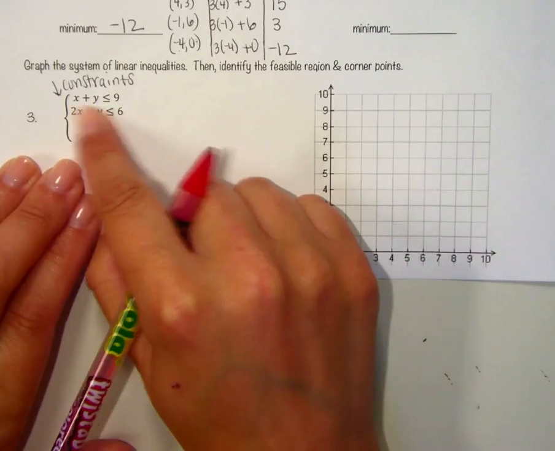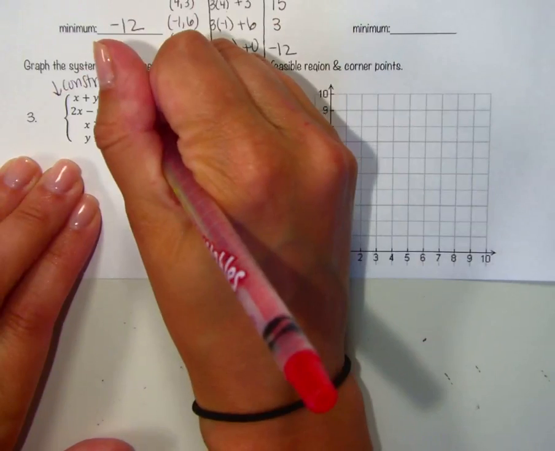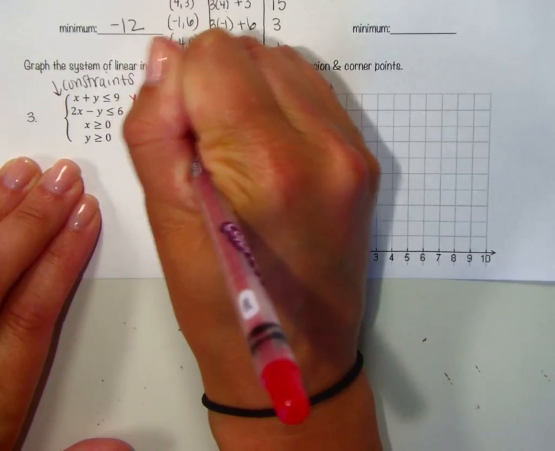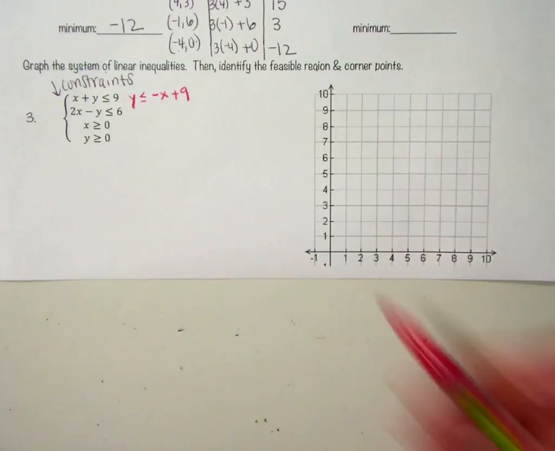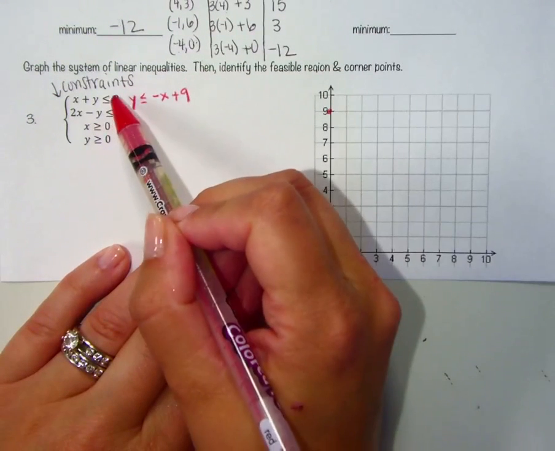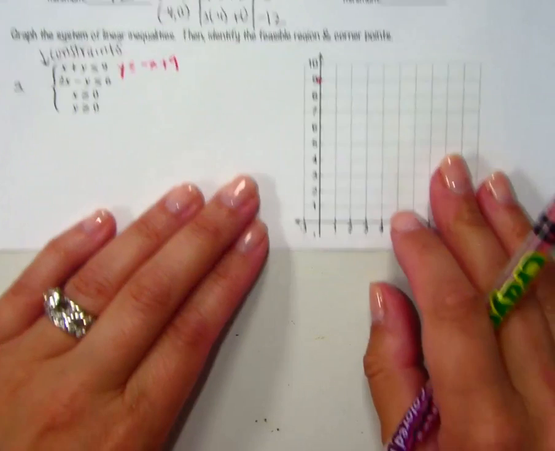So for the first one, let's go ahead and solve this for y. So all we need to do is subtract the x. So that gives us y is less than or equal to -x plus 9. So our y-intercept is 9. And notice that these are all less than or equal to. These are all going to be solid lines here.